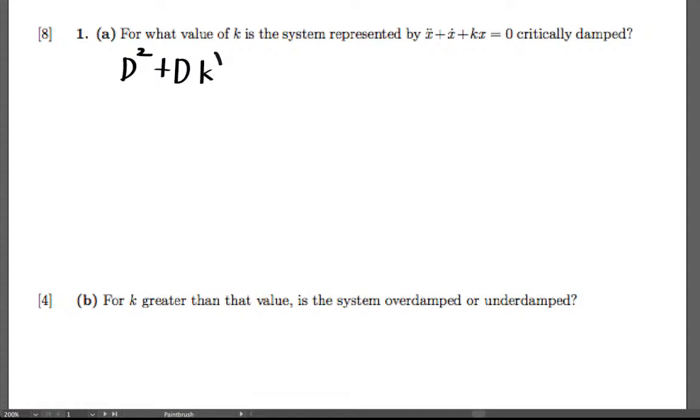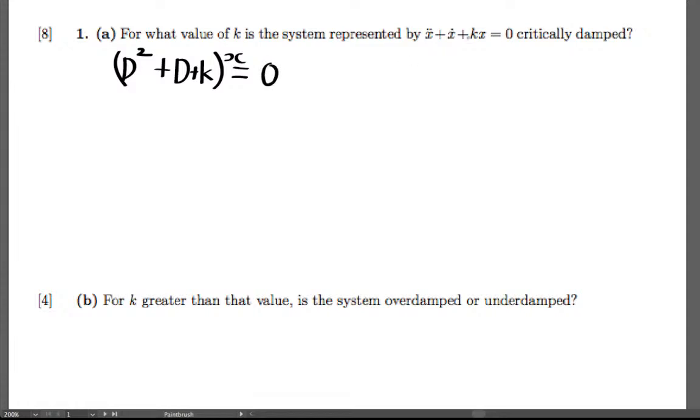D here is the derivative. This is not about discriminants. Wait, is that called discriminants? I believe so.